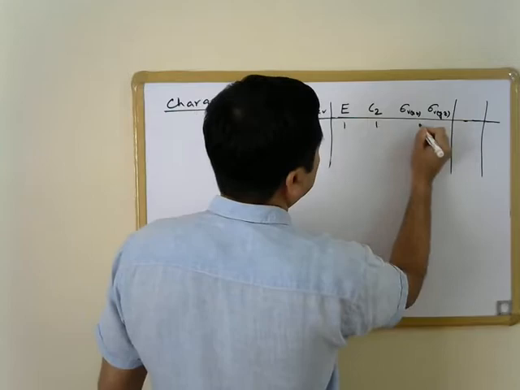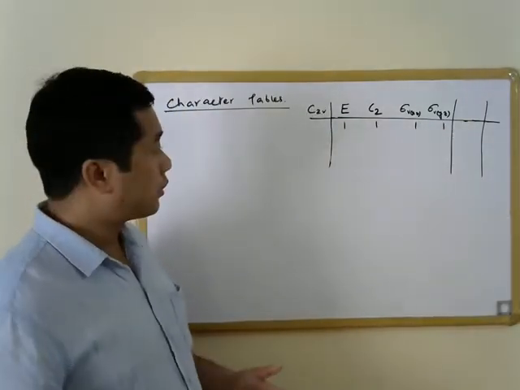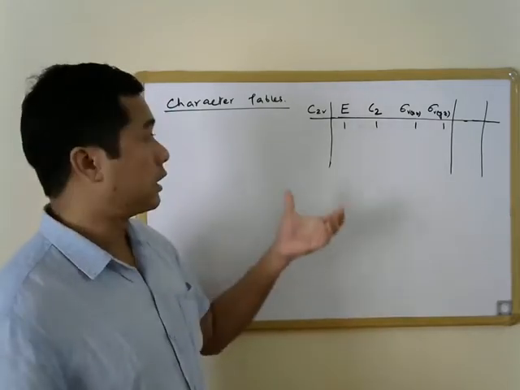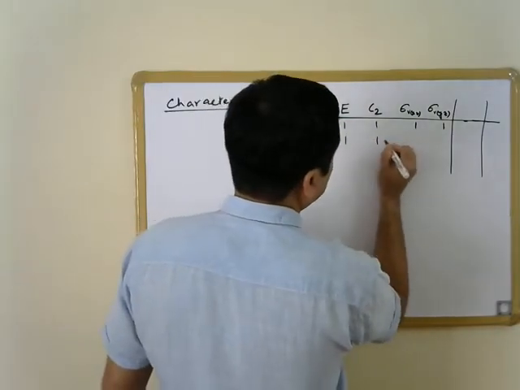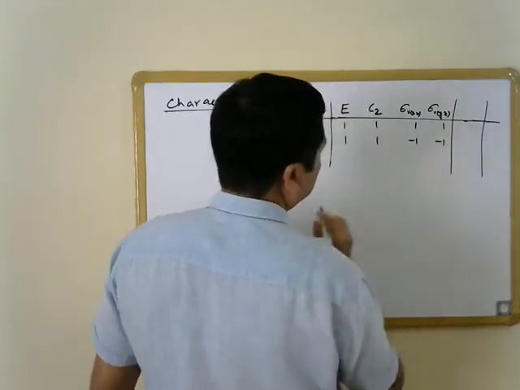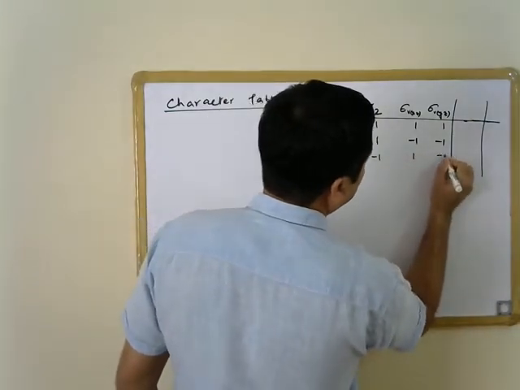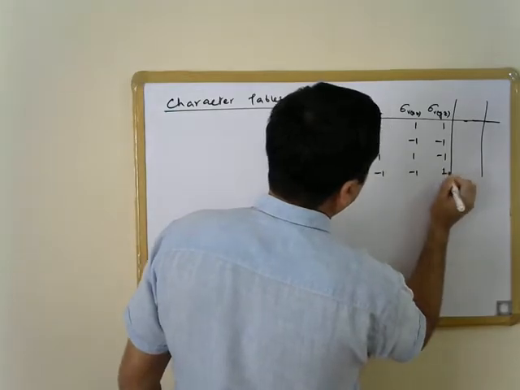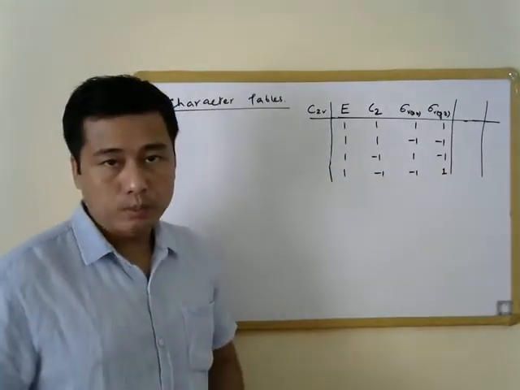So the first irreducible representation is the totally symmetric representation, for which the characters for all the symmetry operations are equal to +1. And the second one is this, while the third irreducible representation and the fourth irreducible representation are these. So here are the irreducible representations of the C2v point group.